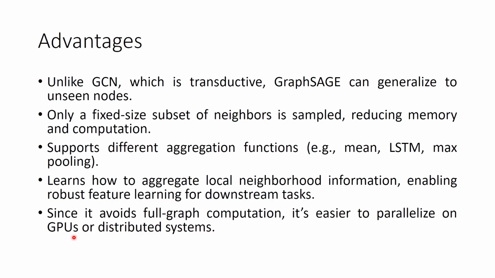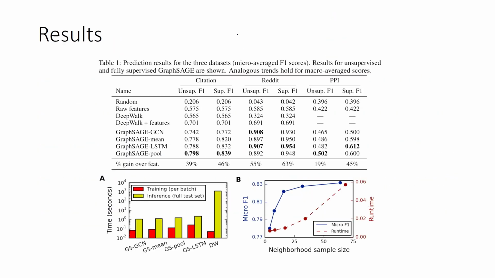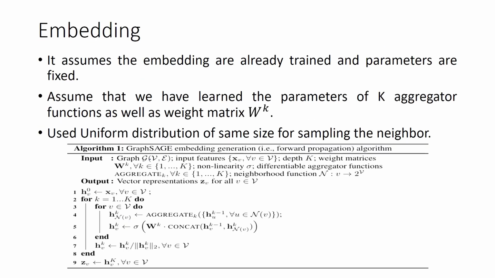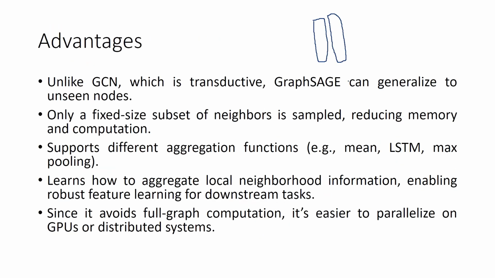So let's see how it is useful, and how it will perform better on GPUs. Let's say a GPU has many threads. Let's say these two are some threads of the GPU. Here we have taken these three nodes as a sample, and these three nodes are fed into this thread.